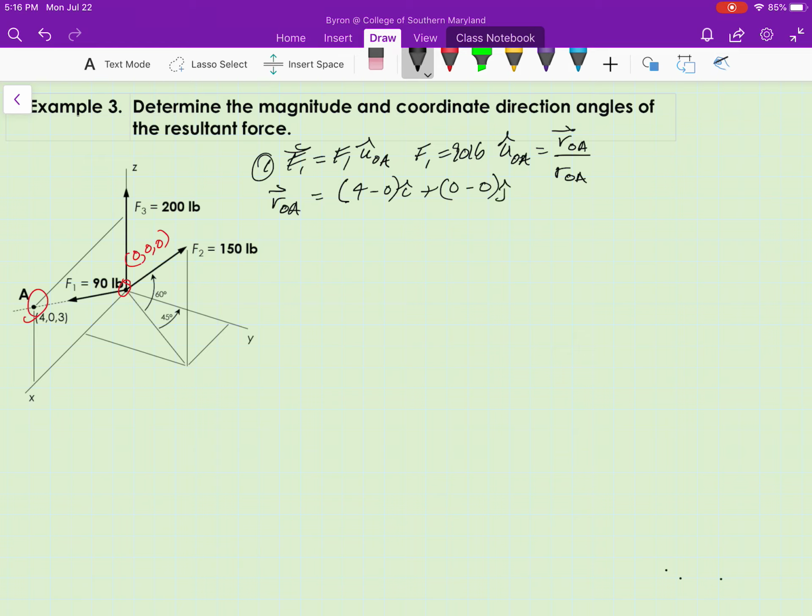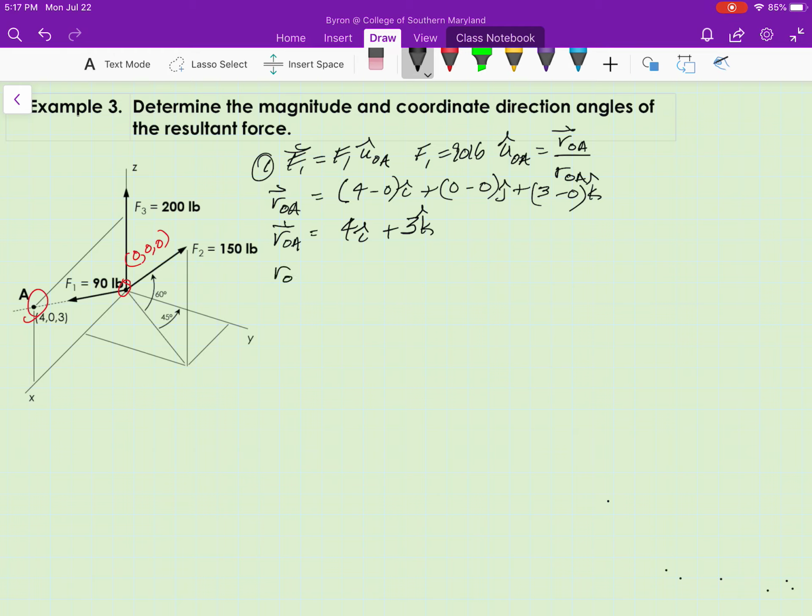So there's going to be no y term or j term in this position vector, plus the z-coordinate of A minus the z-coordinate of the origin. Okay. So we'll simplify that, and we'll get that that position vector is 4i plus 3k. No j term.